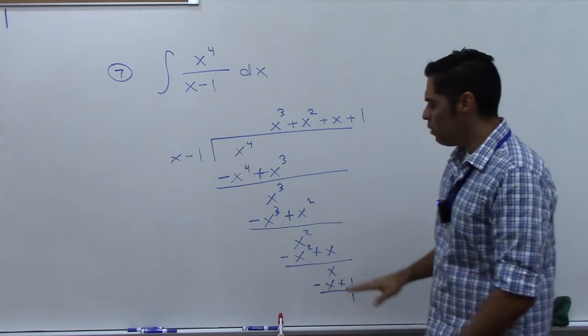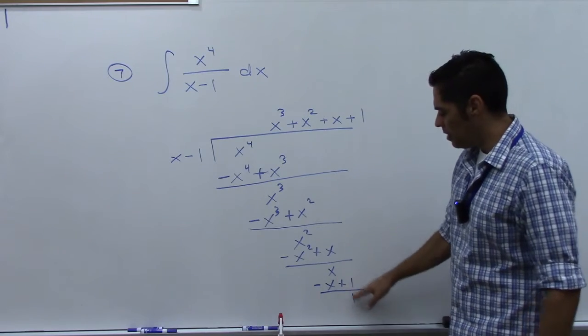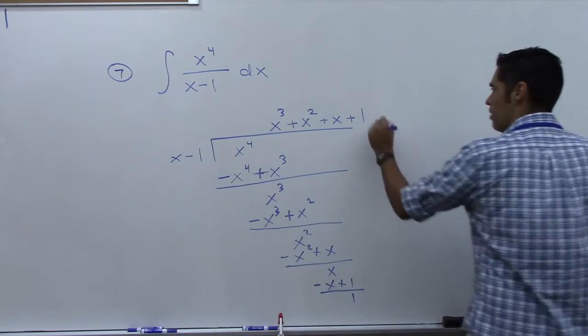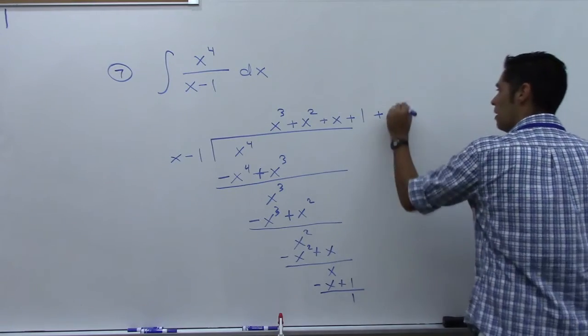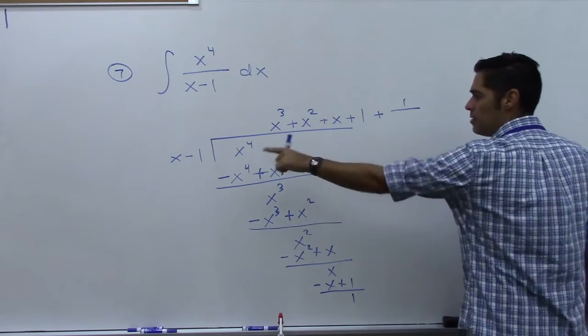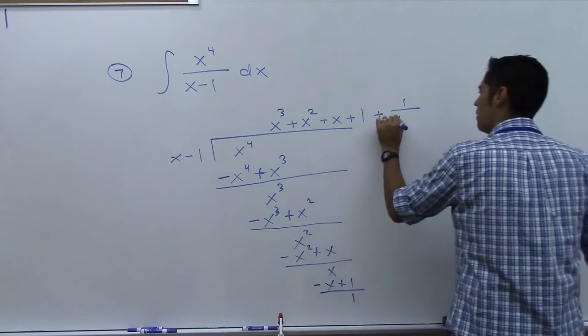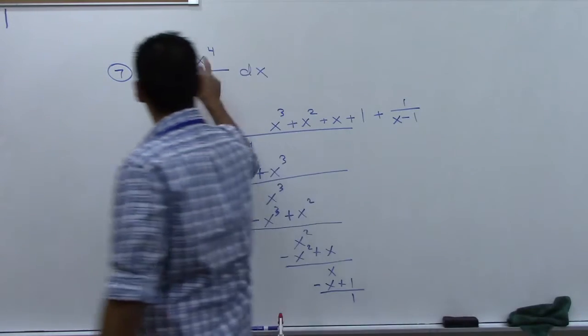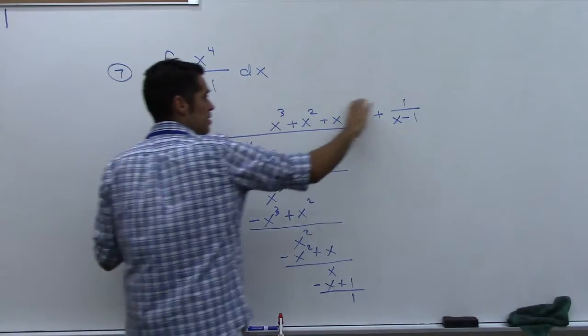So I stop when the power of what I'm left with here is smaller than the power of what's here. So what I put now is plus the remainder, 1, over the divisor, which is x minus 1. So all we're saying is that x to the 4th over x minus 1 is equal to this expression.